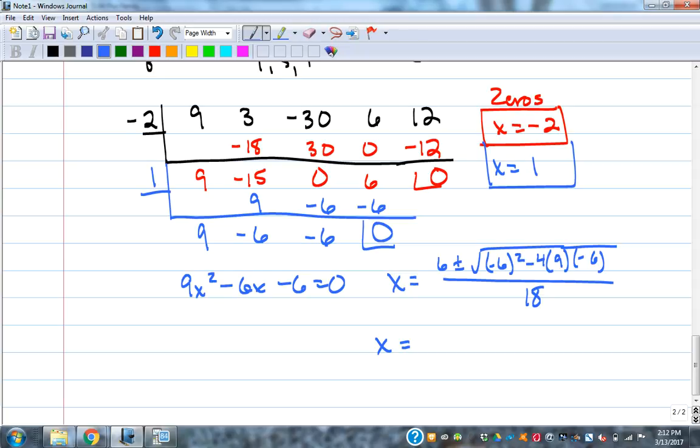But discriminant wise here, we got 36 plus 9 times 24 plus 36. 216 plus 36. 6 plus or minus the square root of something.